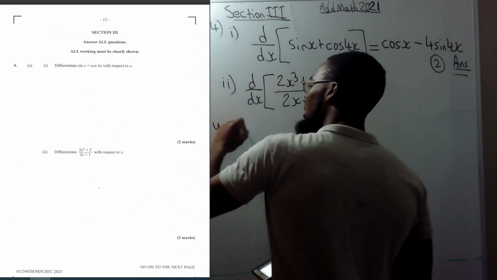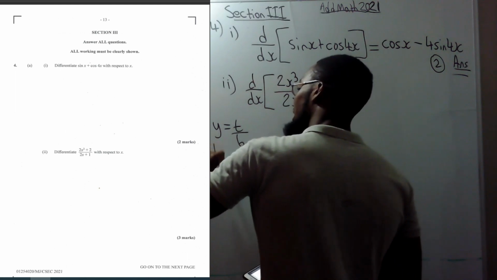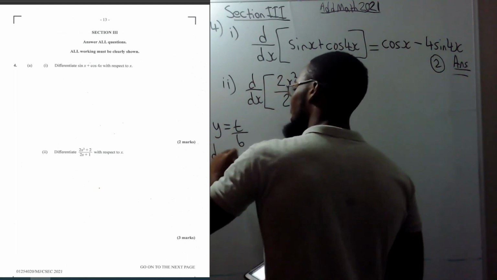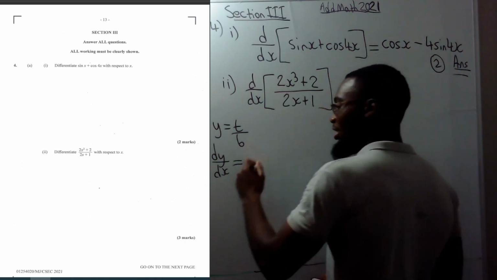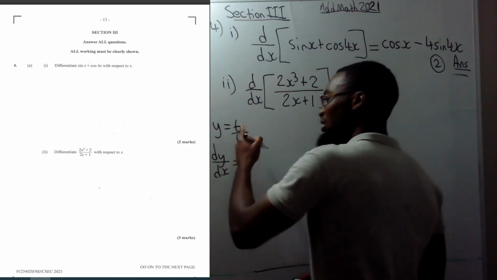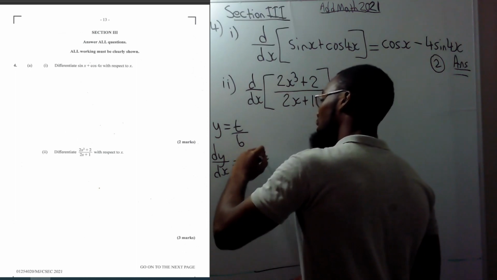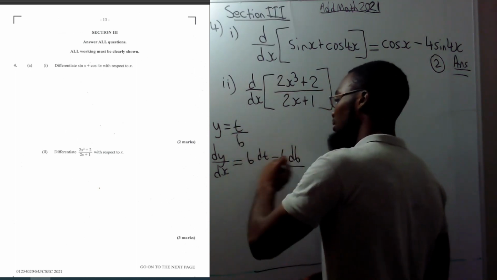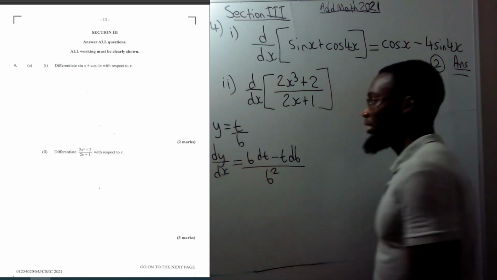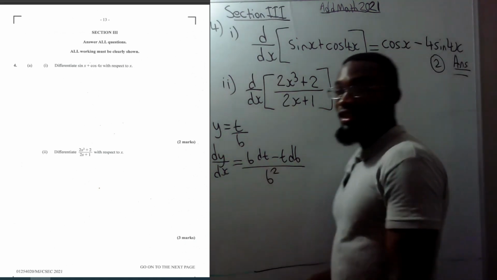If y is equal to top over bottom, then dy by dx is, you start with the bottom and you end with the bottom squared. You start with the bottom, multiply it by the derivative of the top, minus the top times the derivative of the bottom, over the bottom squared. That's how we differentiate that right here.